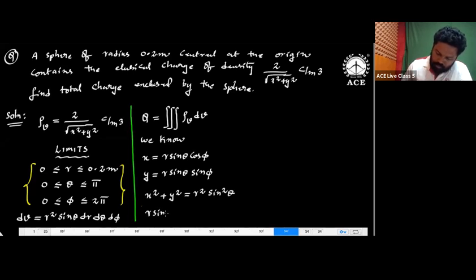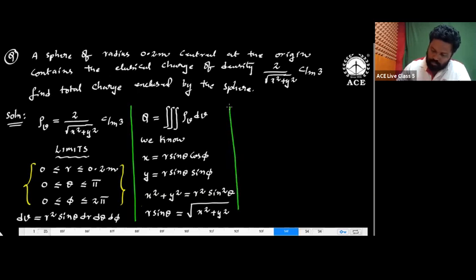R sin theta is equal to square root of x square plus y square. So the volume charge rho v is equal to 2 by r sin theta.